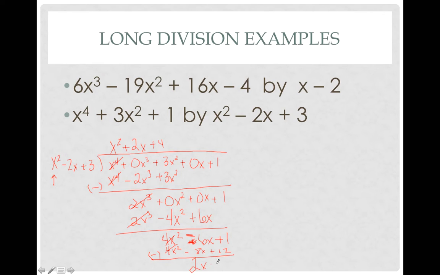And 1 minus 12 is negative 11. This is my remainder. So my remainder in this case is 2x minus 11. All right, I'm not going to write the answer in expanded form here just because I feel that we can do that.